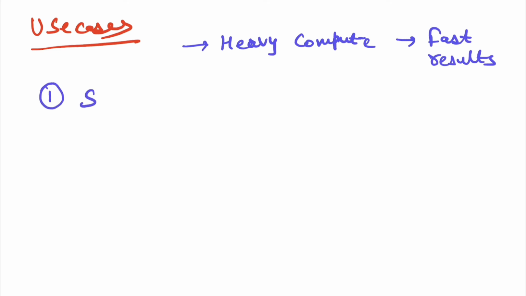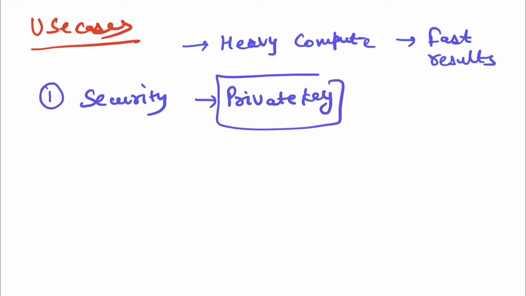For example, let's say security. Whenever you want to secure data, you encrypt it with some private key, right? Now in classical computers, irrespective of how complex your security algorithm is, hackers are able to get those private keys.